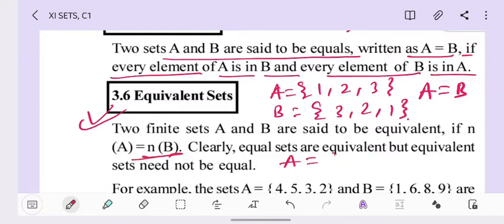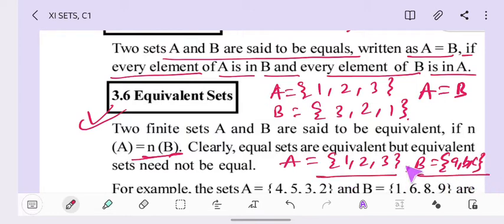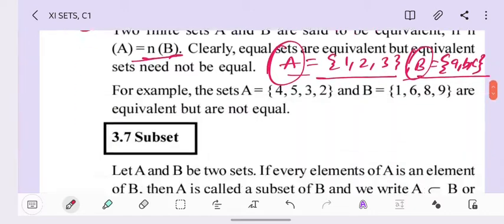For example, A equals 1, 2, 3, and B is written as a, b, c. So in this case these are equivalent sets because n of A equals n of B, whereas the earlier pair is not considered as equivalent sets. So remember, all equal sets can be considered as equivalent, but all equivalent sets cannot be considered as equal sets.